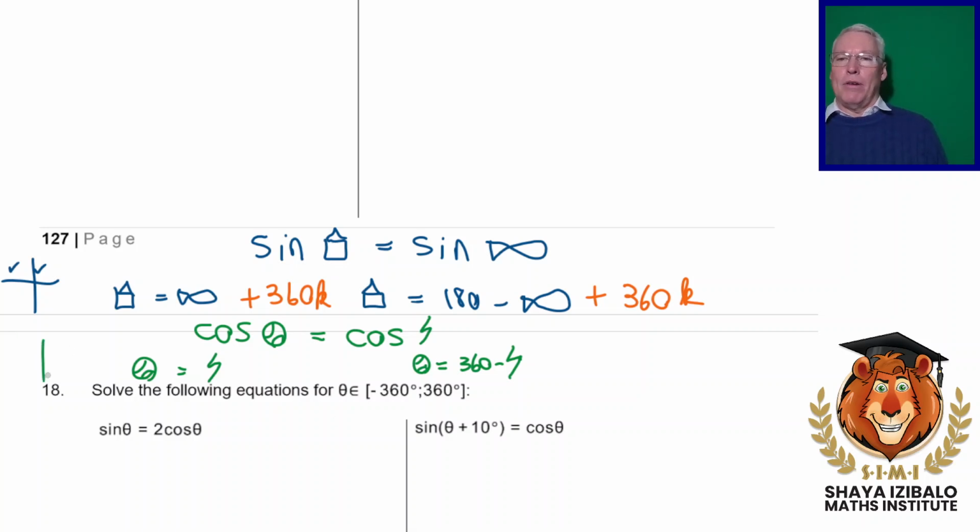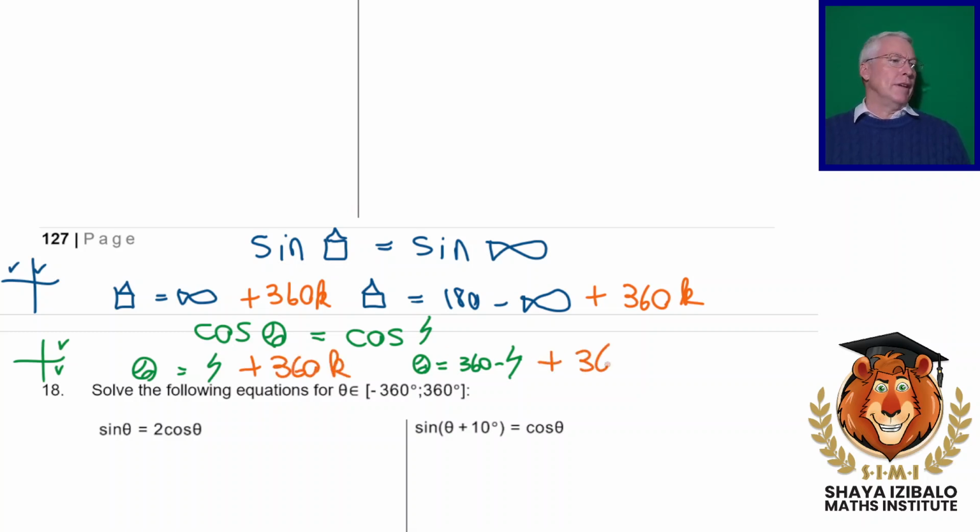Okay, and again, that's because of our CAST diagram there and there. And again, even if it's cos, it can be plus 360k. And this one can be plus 360k.